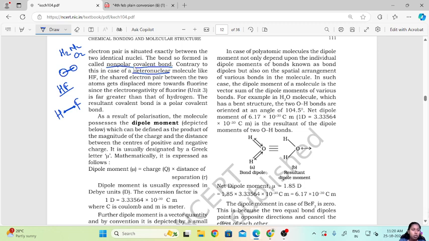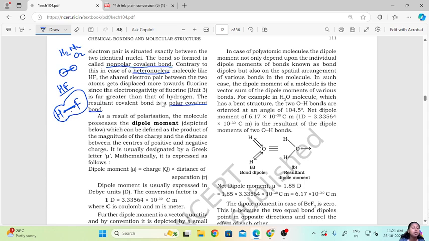If you want to show the concept in a cloud form, the cloud near hydrogen will be smaller, whereas the one around fluorine will be greater, because fluorine pulls both the electrons towards itself. The resultant bond is a polar covalent bond.